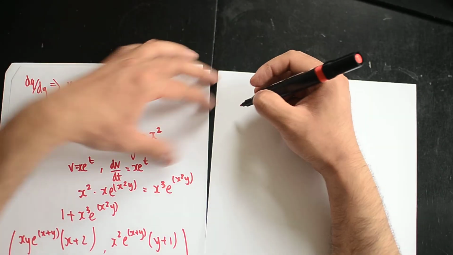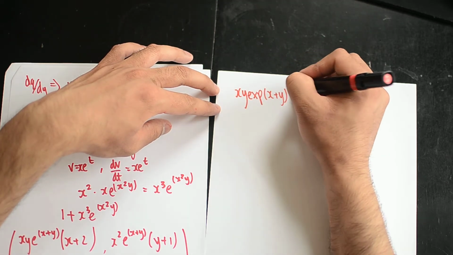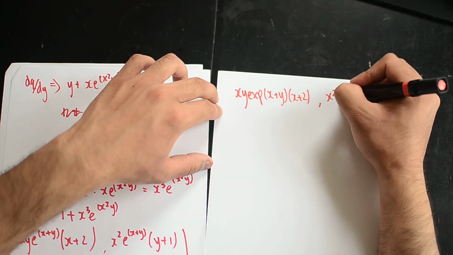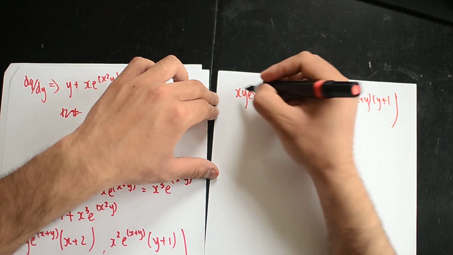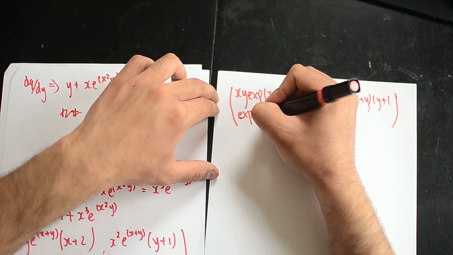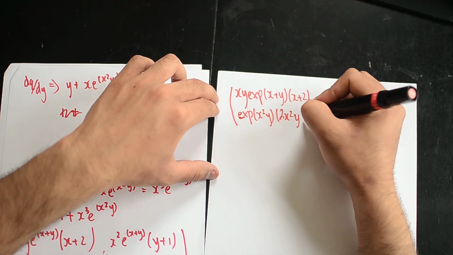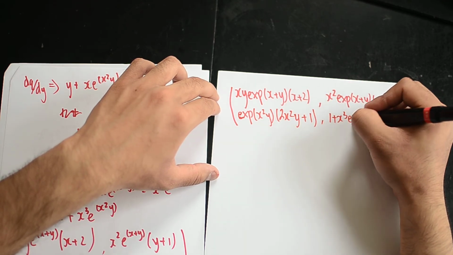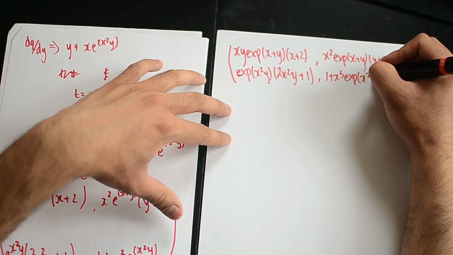But you might also see this written as xy exponential x plus y, x plus 2, and then you'll have x squared exponential x plus y, y plus 1, exponential x squared y, 2x squared y plus 1, 1 plus x cubed exponential x squared y.